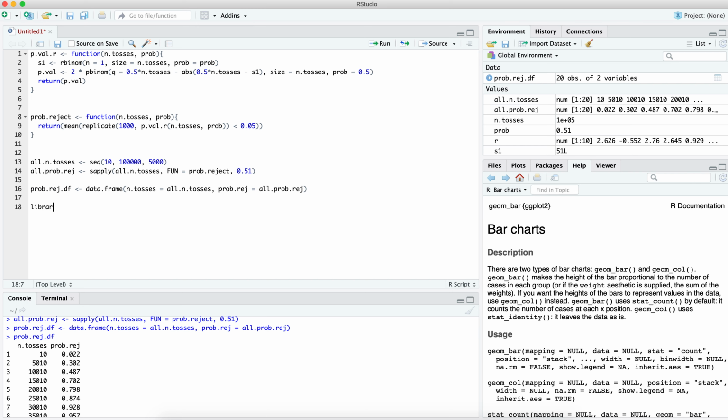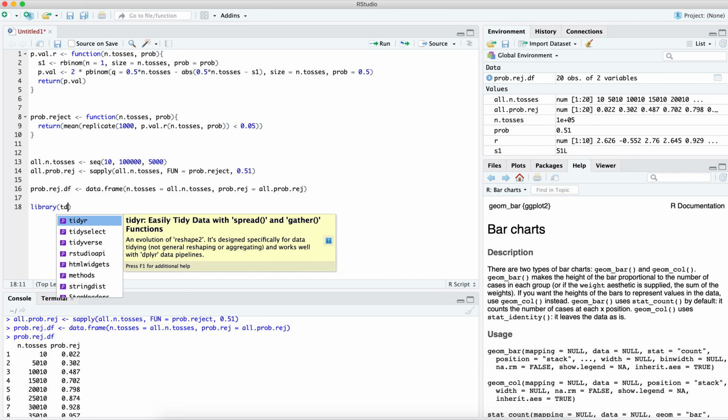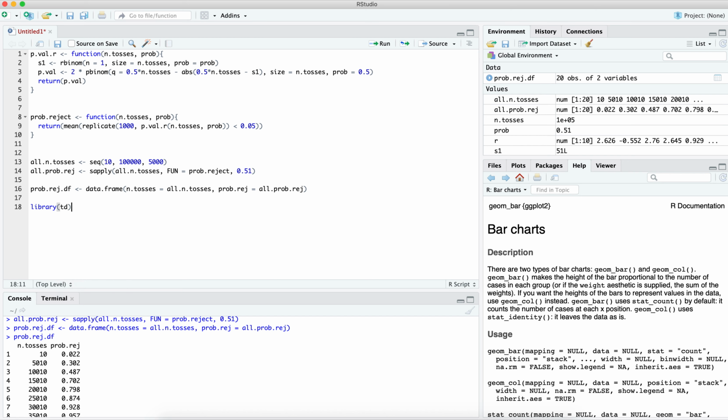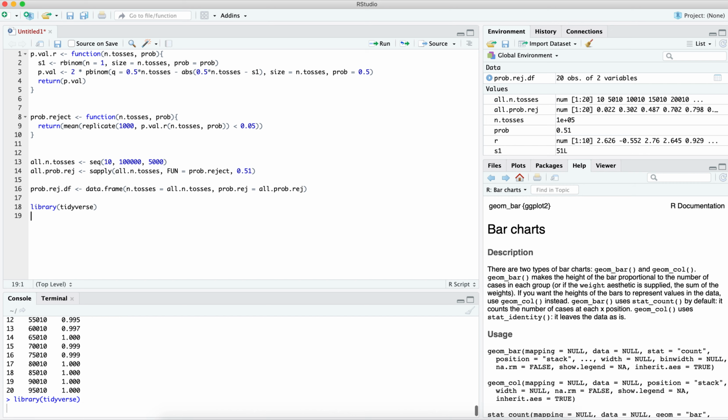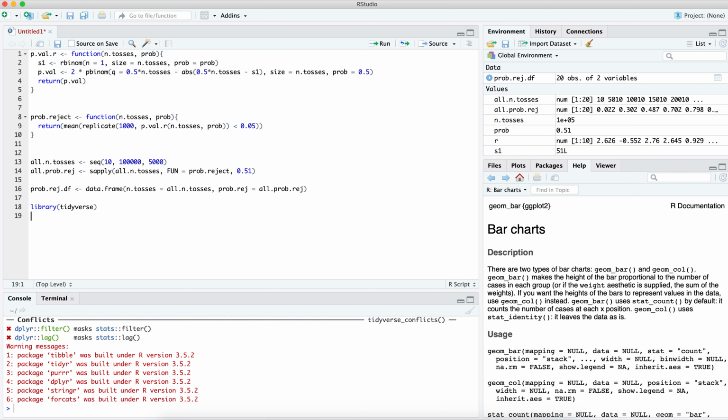So now let me do library tidyverse first, just to get everything out of the way. And now I'll say ggplot, prob reject df. And here I'll say plus geom_line, let's say. And I'll do the mapping as aes.